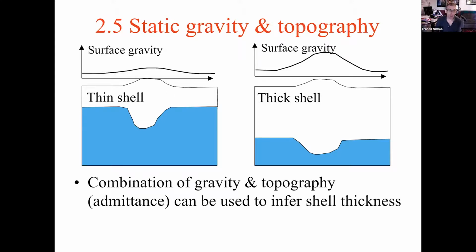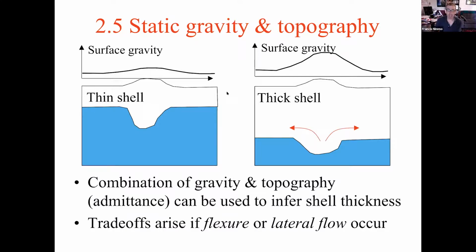And in detail, you can do that using this admittance technique, which is just taking the ratio of the gravity and the topography over different wavelengths, like Peter mentioned. Things can get more complicated. One problem is that you may not be in an isostatic situation, which is what's depicted here. If flexure is important, that makes the calculations more complicated.